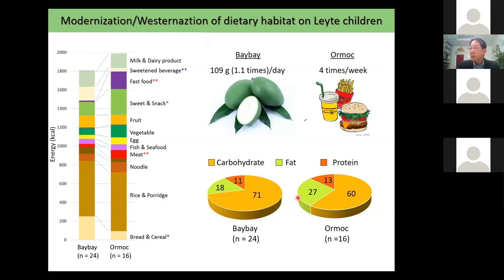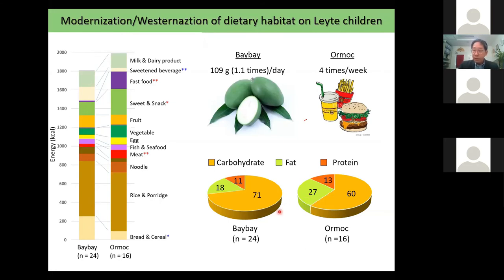People must not take fat at more than 30%, which is the maximum level recommended by WHO. So we can say that the children in Ormoc are very close to the maximum level of fat intake.